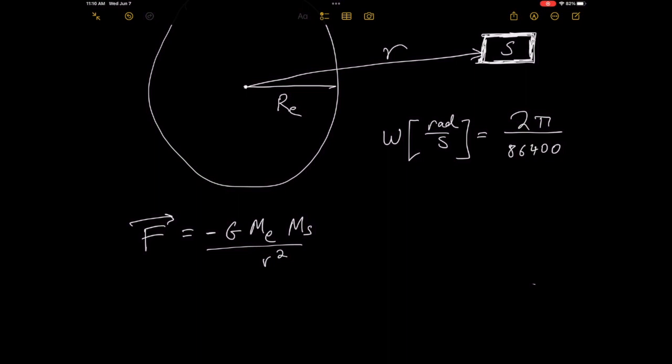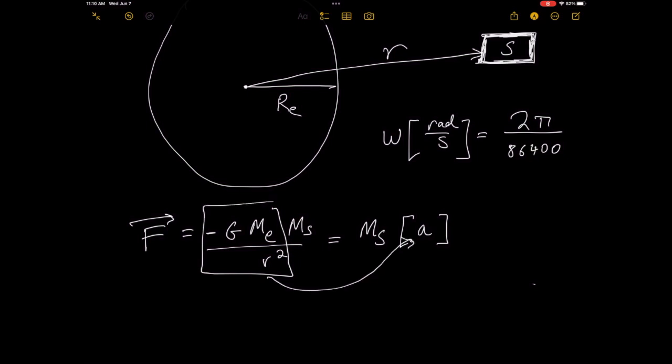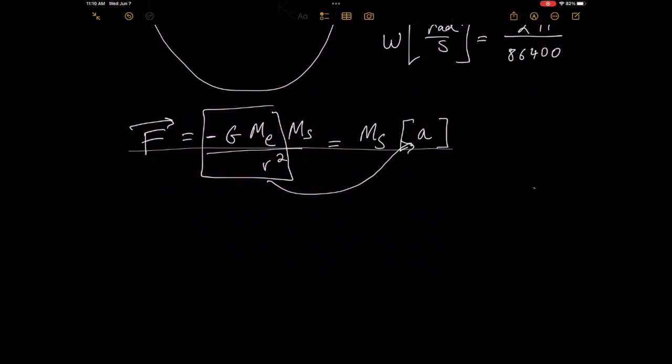And this could also be written as the mass of the satellite times the acceleration. And so the acceleration has to be this value right here. But another way to represent the acceleration is negative omega squared r. And we found this in this video right here.